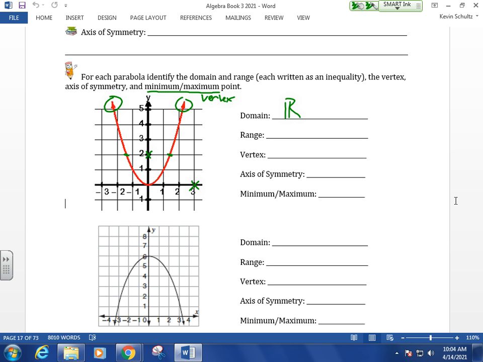What about a y value of 3? Is that included? Yes. A y value of 3 has ordered pairs there and there. So 3 is included. What about 0? Y value of 0? Yeah, 0 is the vertex actually. Okay, right there.